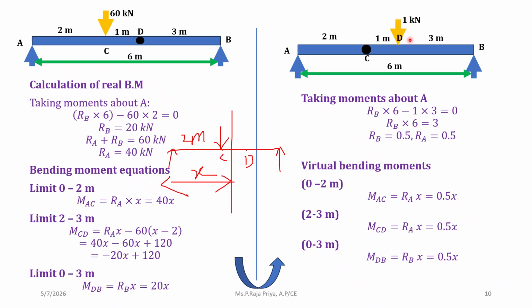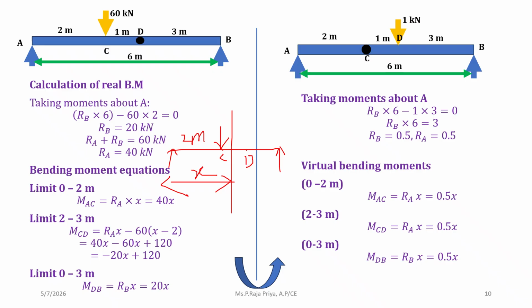We are applying a unit load at point D. For this virtual load, we have to find the bending moment. In the same way, taking moment about point A, RB into 6 minus 1 into 3, the distance is 3. From here, RB is 0.5. In the same way, RA is also 0.5, because the next condition is summation of vertical force is equal to 0.